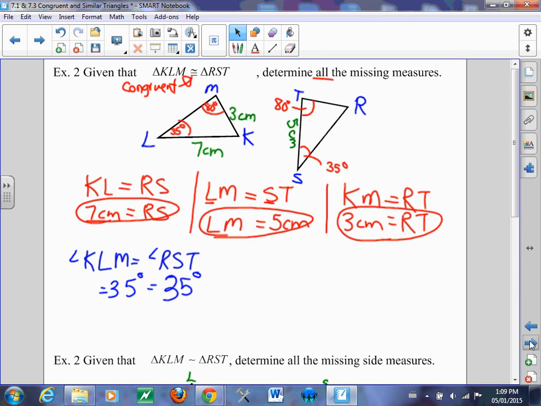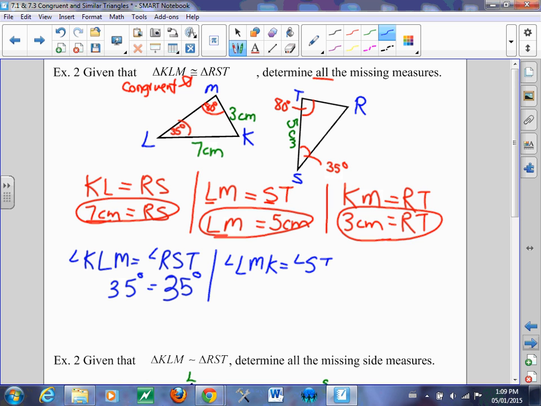Those are both given, so that's okay. I'm just matching them up so you know. Next angle we're going to take a look at is angle LMK equals angle STR. So 80 degrees, that was given, equals 80 degrees. Now the last one, we've got to figure out how to find this out.